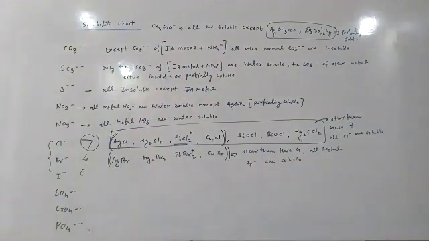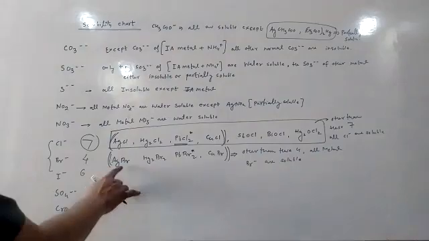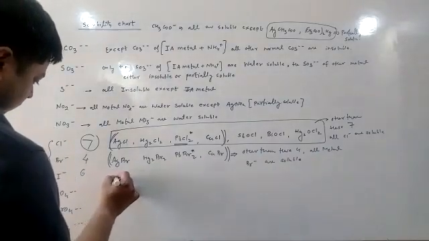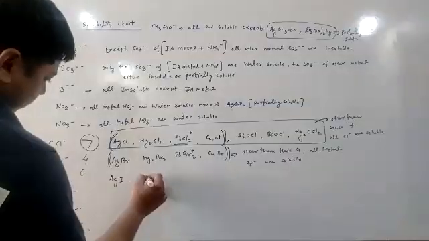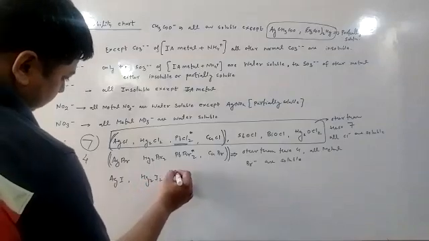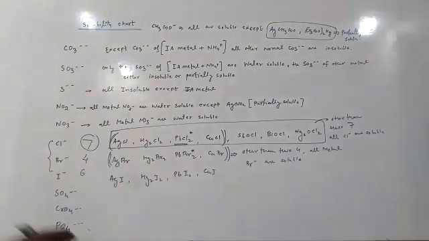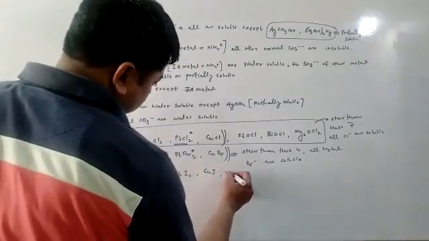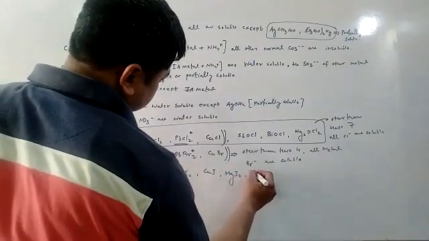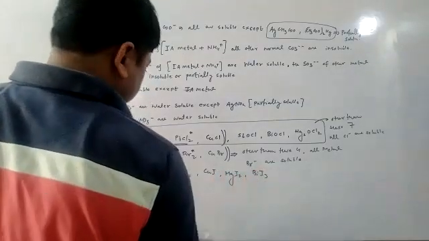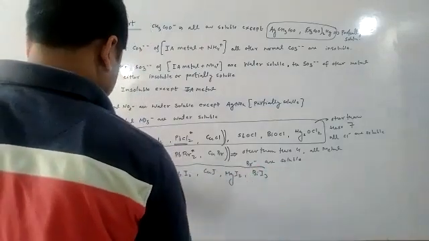Next, iodide. Same these 4: AgI, Hg2I2, PbI2, CuI. Now we have to take 2 more. One is bismuth 3, and mercury 2: HgI2 and BiI3. These are water insoluble.